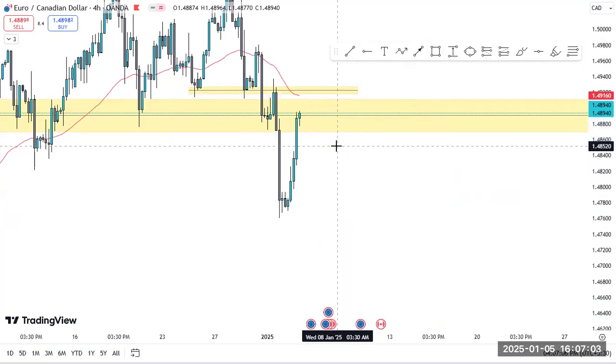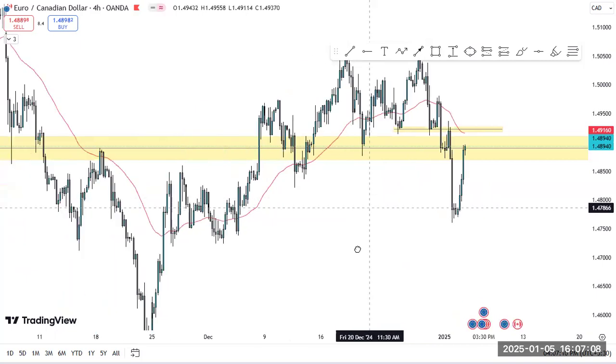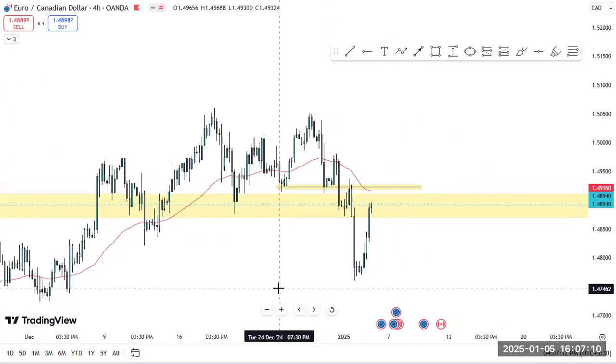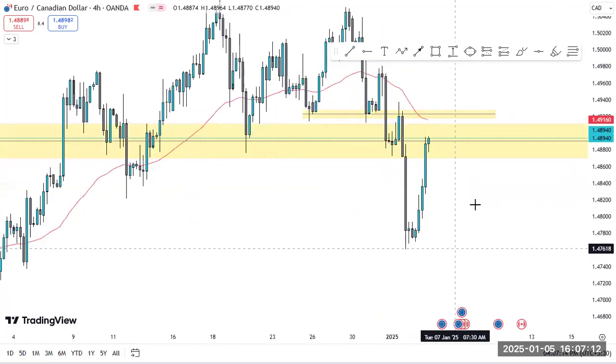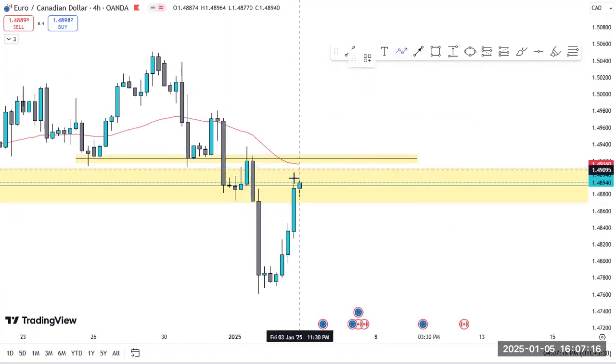Right now we are bearish in all three major time frames: weekly, daily, and 4 hour. I want to see some kind of structure here. The price should not break above this, which shows the domination of the sellers.